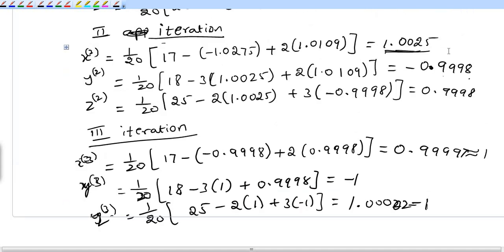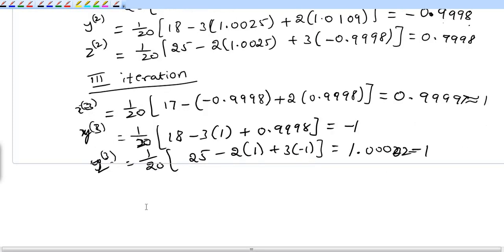You can see here 1.0025 and here it is 1. The difference is very less, and the second iteration y value is 0.9998 and here it is minus 1. Z value is 0.99998, here 1.00. That means the difference is very close.